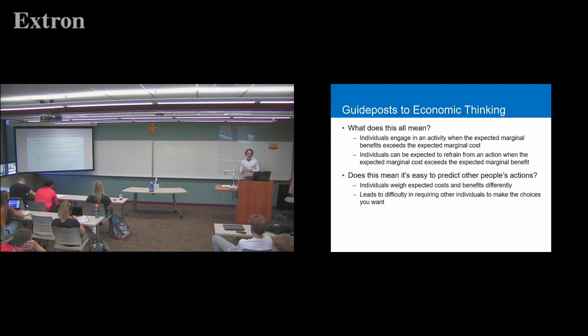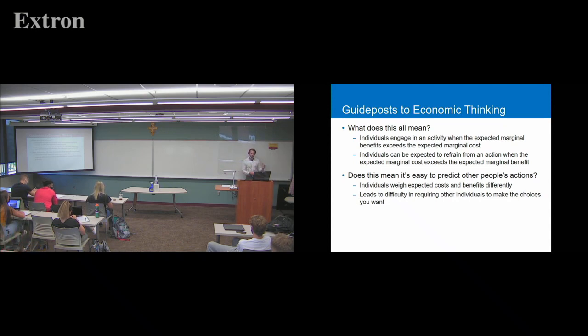This does not mean it's easy to predict other people's actions because individuals weigh expected costs and expected benefits differently. If you're friends with someone or a family member, someone you're close to, you know how they think, it can be fairly easy to predict what they're going to do. But if you're talking about strangers, someone halfway around the world in a different culture, it can be extremely difficult to predict what they're going to do. We can guess that there's going to be, in general, more of an activity or less of an activity.